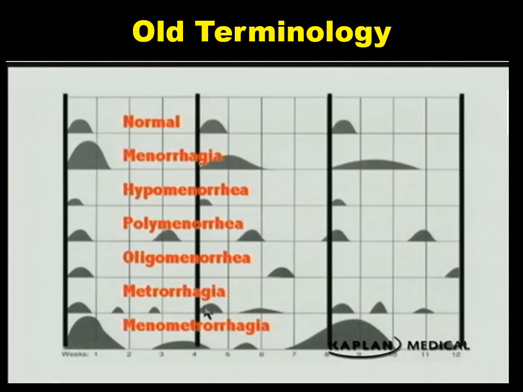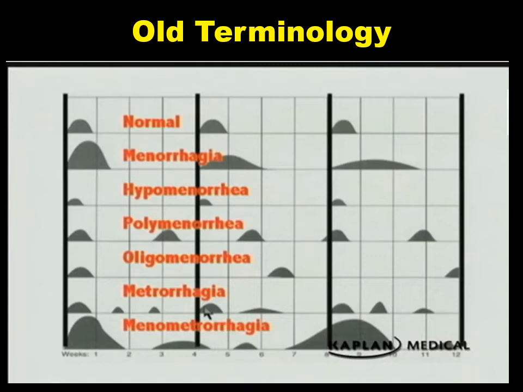To start with a normal cycle, the length of a normal cycle varies from 21 to 35 days, or in some references, as I told you, 24 to 38. The length of the cycle is the number of days from the beginning of the period till the day before the next period.